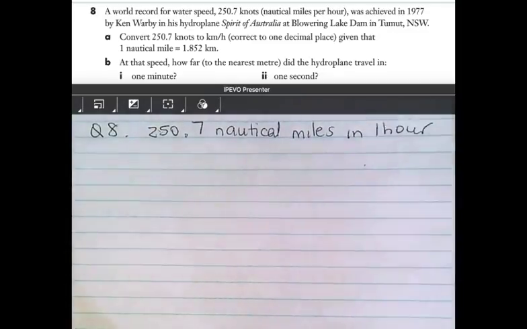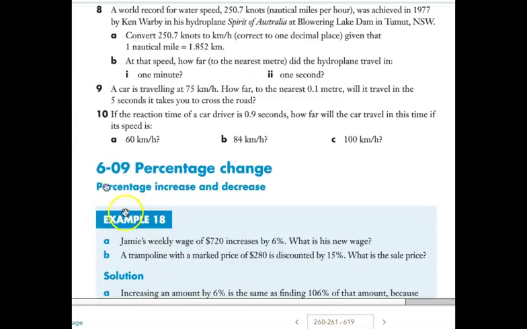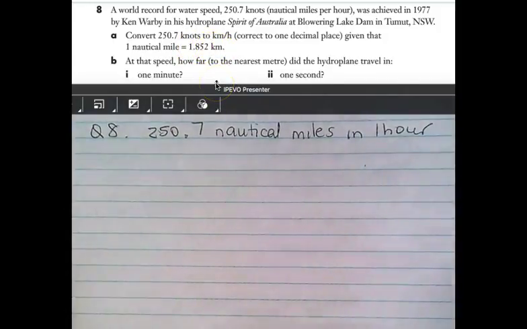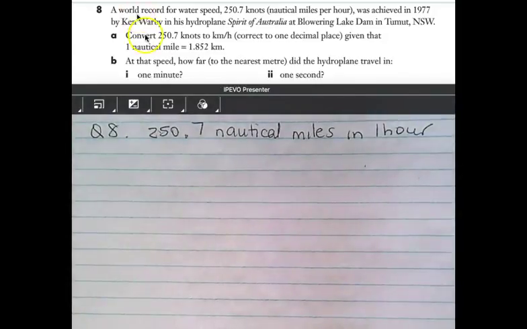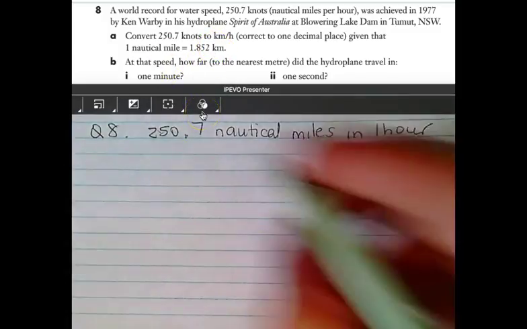We can see the conversion that 1 nautical mile equals 1.852 kilometres. So if you're converting from nautical miles to kilometres, it's getting bigger, so you times by 1.852.